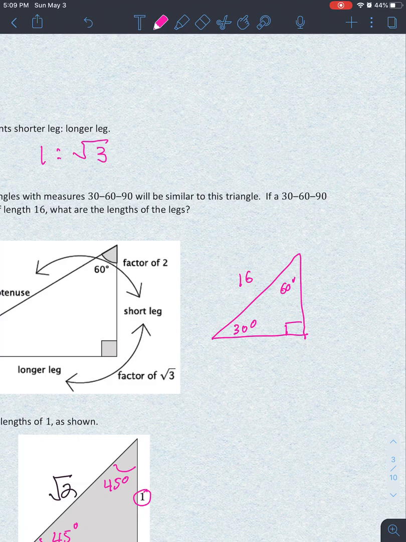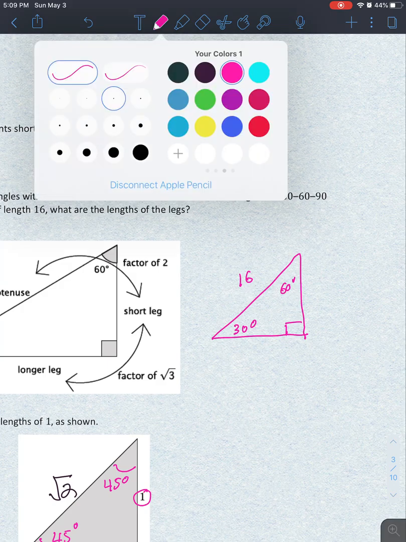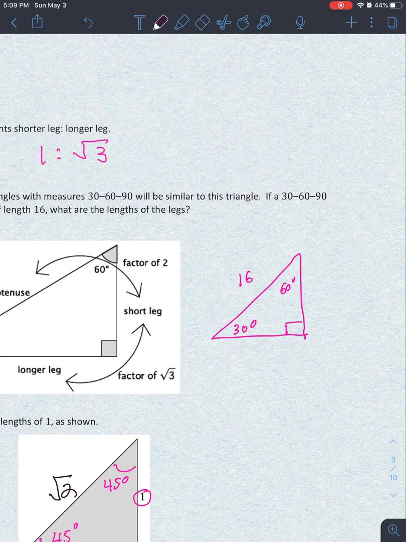So there's a lot of ways to approach this problem. So we're going to look at the original triangle. I'm just going to draw this up here again. And it's okay to keep writing it over and over again. It's going to help you memorize it. So remember, it's 1, square root of 3, 2.